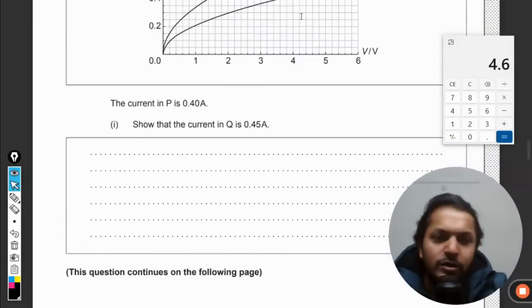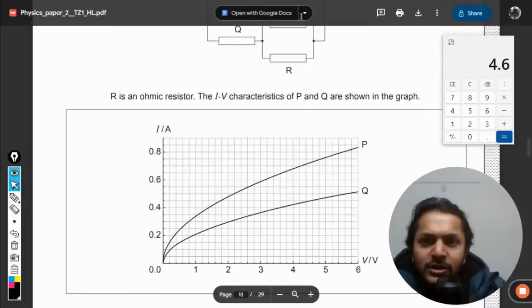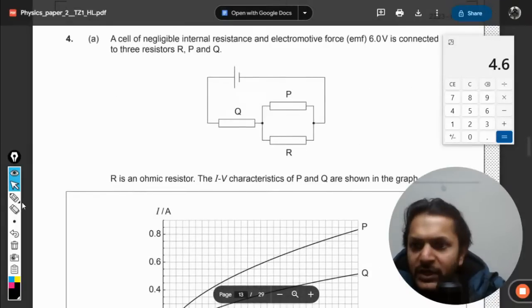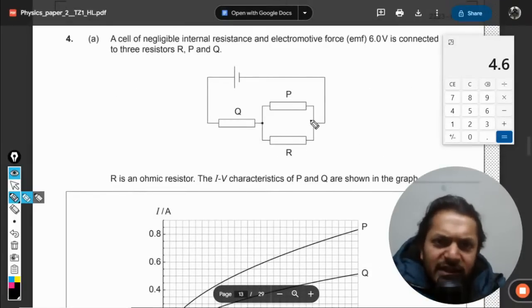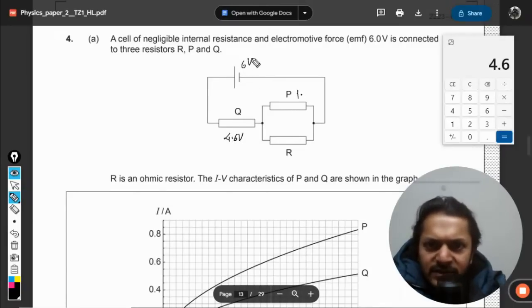So let's go for question number 2 now. Calculate the resistance capital R. So we have now created the new data for ourselves. The voltage difference here is 4.6 volt, and this was 6 volt. So it was 1.4 volt.